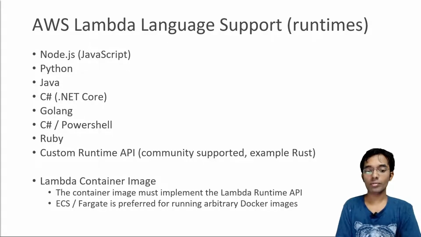There's also a feature of Lambda called the Lambda container image, which allows you to get containers onto Lambda, but the container image cannot be just any kind of image. It must implement the Lambda runtime API. If you want to run an arbitrary Docker image, then the preferred way is still to use ECS and Fargate containers.